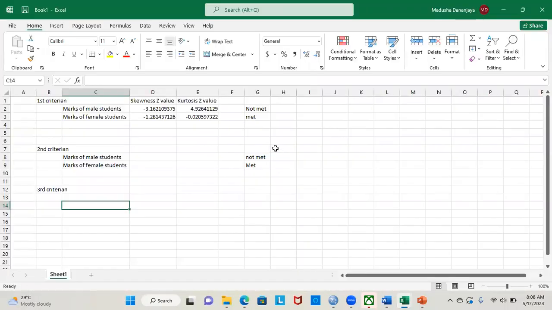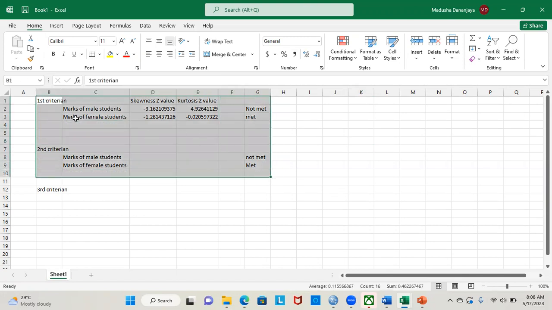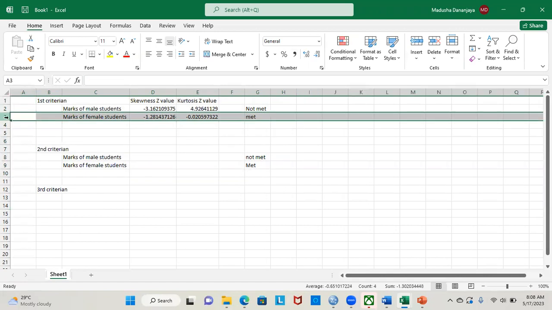Now, according to the results, we can say that marks for females, that distribution should be nearly normally distributed or approximately normally distributed. Why? Both criteria have been met.